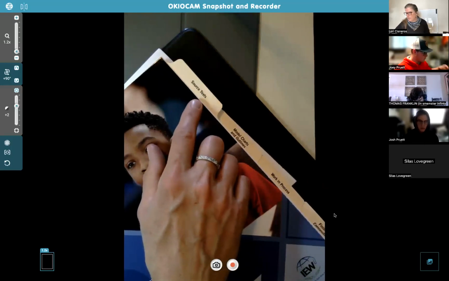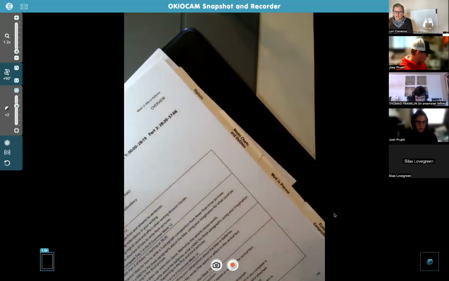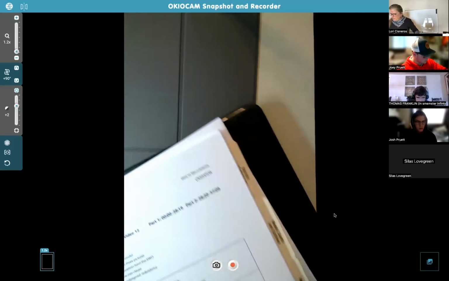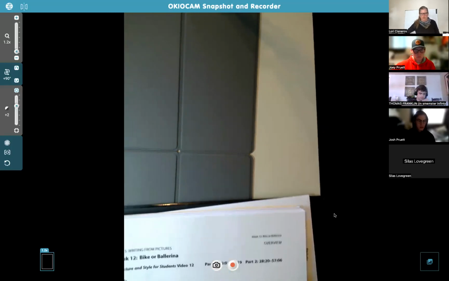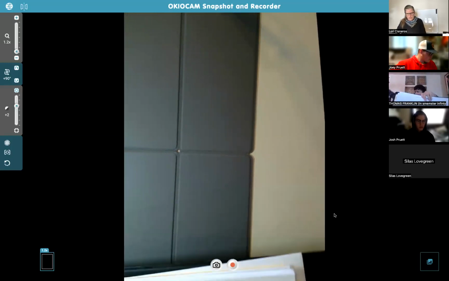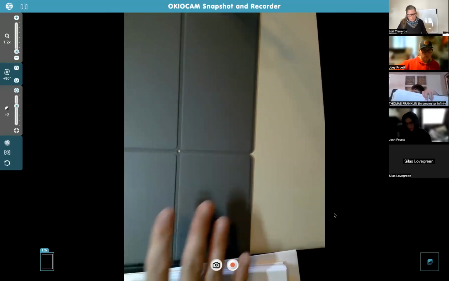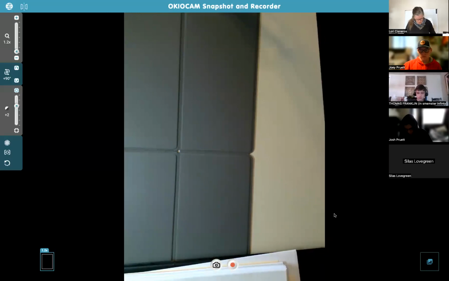So the source text tab is here. So you're going to flip behind that. And you should see there. Not this one, not Biker Ballerina. Hold on a second. You're going to get out pages 27 to 35. 27 to 35.